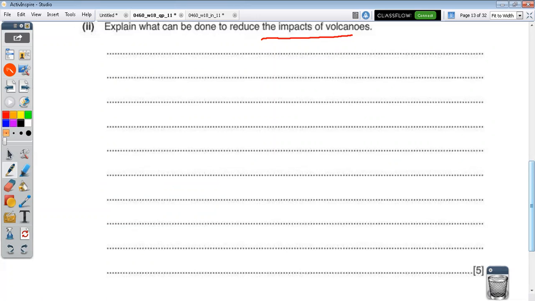Besides monitoring, building volcanic warning systems, developing volcanic prediction and volcanic warning systems. If you are writing that down, development of prediction and volcanic warning systems.